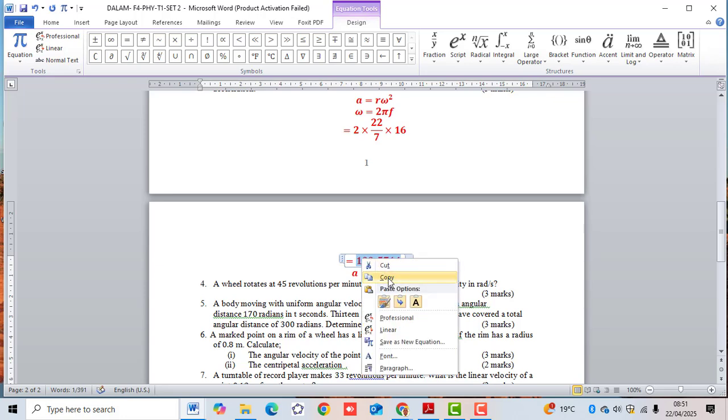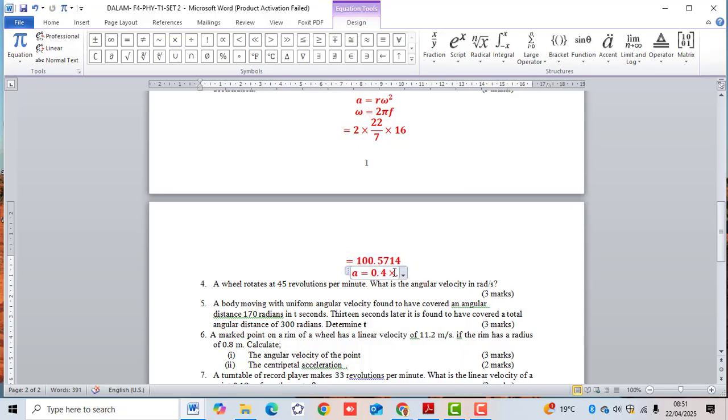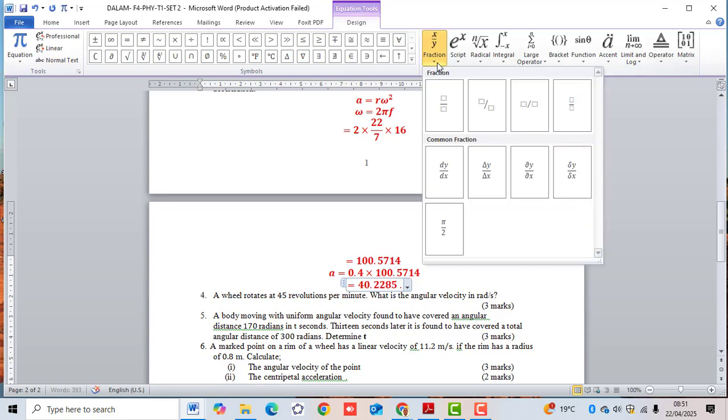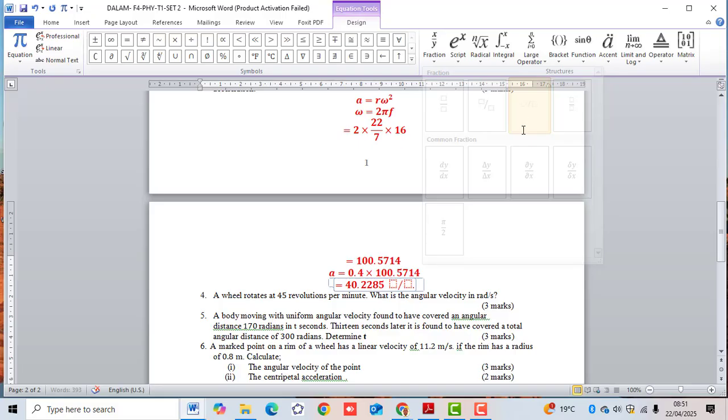What do you get? 40.2285. Assign the unit: meters per second squared. Very good.